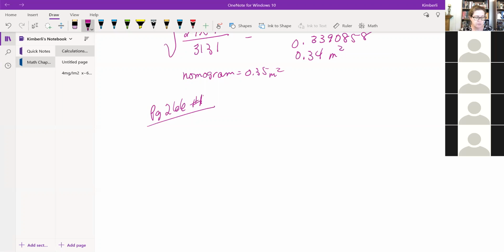Does this problem tell you how many milligrams per square meter? On number 1, does it tell you the milligrams per square meter?